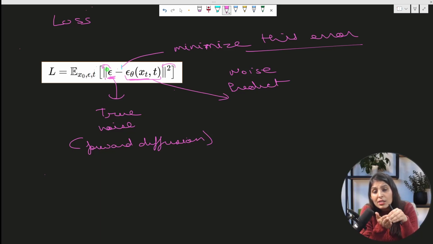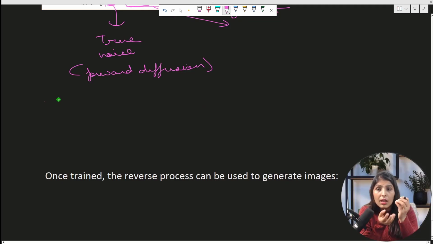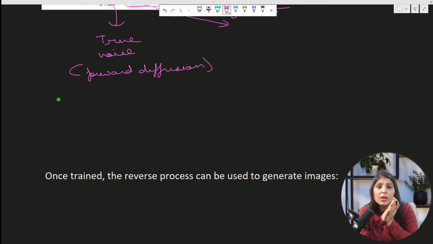Then you can easily subtract that noise from the image at each time step, and then step by step you will get the actual image, which will be a clean image. So this is what the reverse diffusion process is. And once your model is trained, you can generate images using it. So guys, this is what diffusion models are.